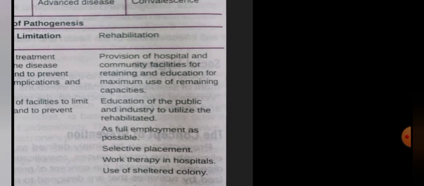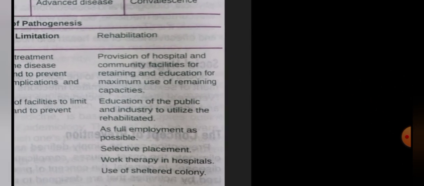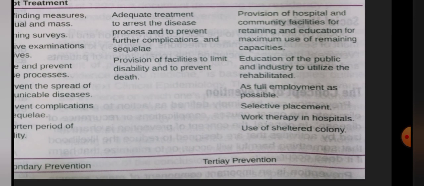And the third, tertiary, includes rehabilitation, provision of hospital and community facilities for the best possible capabilities, education of the public and industry to utilize the rehabilitated, and full employment possibilities.